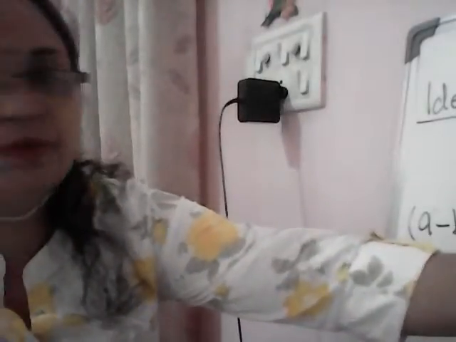A minus b whole square is equal to a square minus 2ab plus b square.